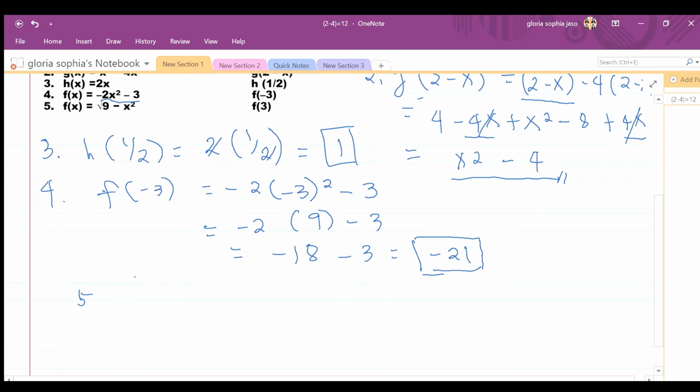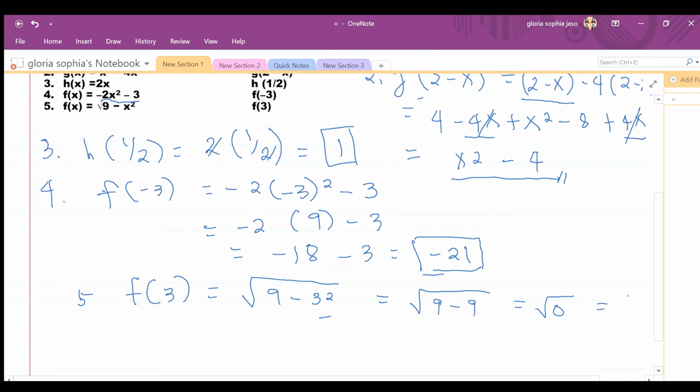Okay, so f of 3 class, function natin is square root of 9 minus x squared. So, 9 minus 3 squared. So, simplify. Simplify natin yung 3 squared. So, 9 minus 3 squared is 0. So, square root of 0. Okay, so the answer is 0.